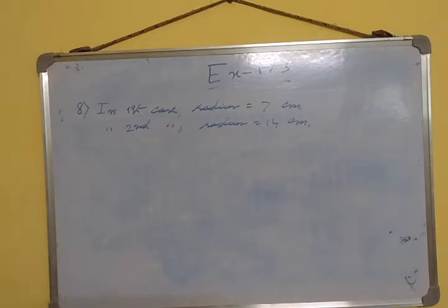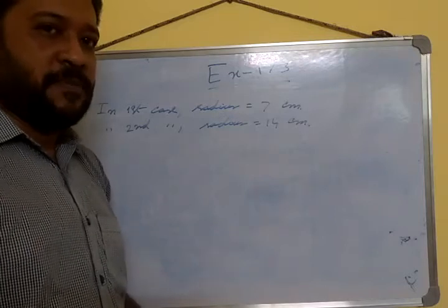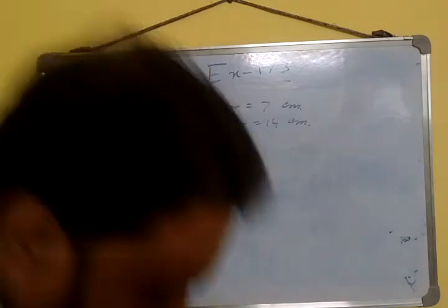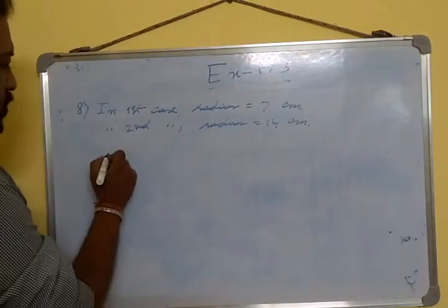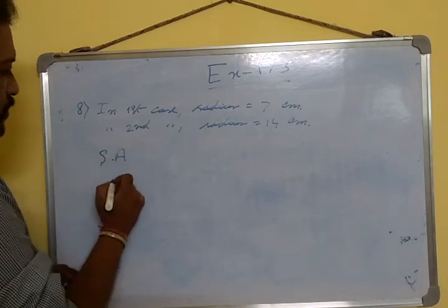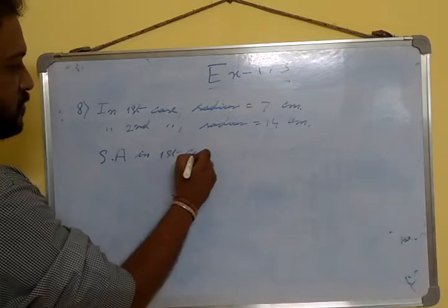Okay. So as I told you that this math can be done in two ways. So I am going for the first type, that is intelligent people. Okay. So intelligent people do surface area or S.A. in first case.